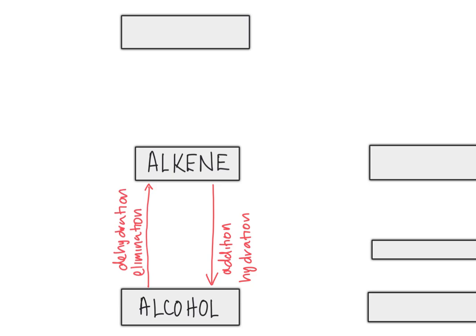Okay. Now if I want that alkene to, let's say, become a haloalkane, I could do, again, an addition reaction. And if I do an addition reaction, I can do halogenation.